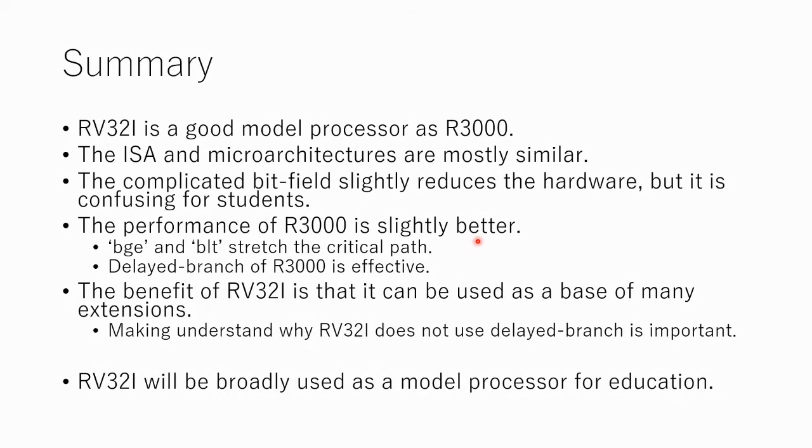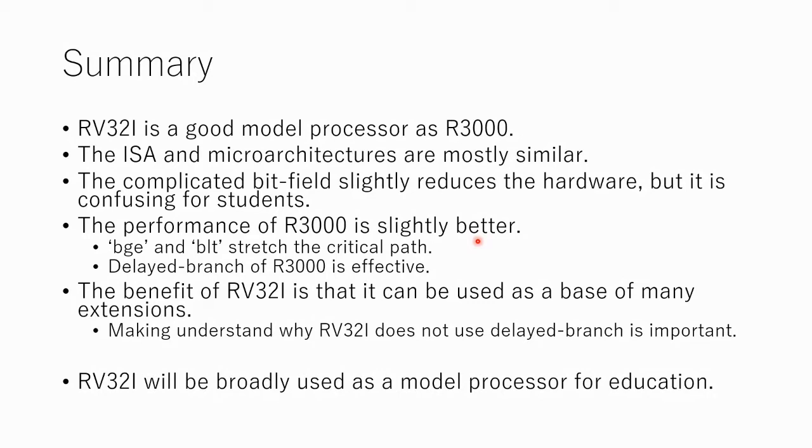The instruction set architecture and microarchitectures are mostly similar, so there is almost no barrier to changing the model architecture from R3000 to RV32I. But the complicated bit field is somehow confusing for students. Actually, it slightly reduces the hardware, but the effect is not so large.